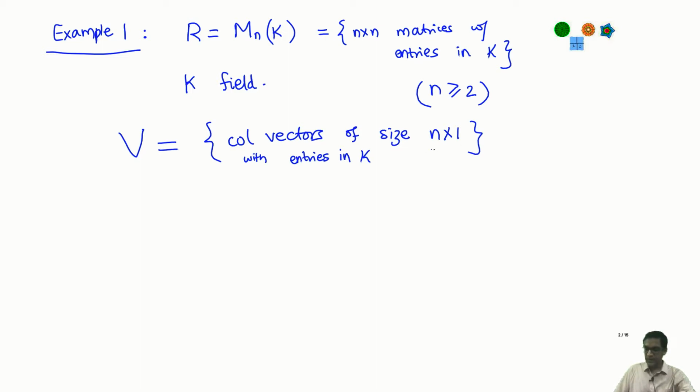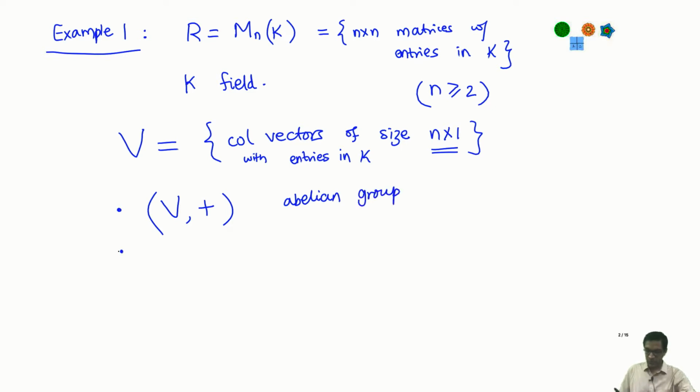They're just matrices of size n cross 1. Firstly, it's an abelian group, so I want to claim that I can make this into a module over the ring R, as follows. Observe, already I have addition of column vectors. So this is an abelian group, definitely.